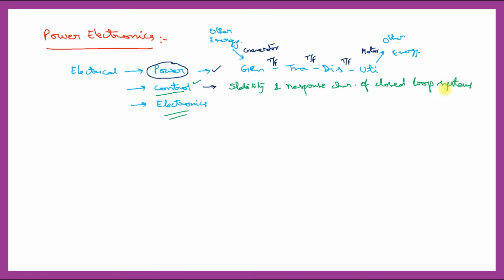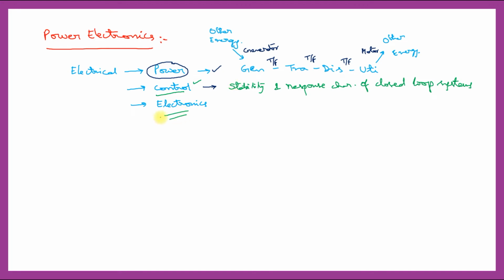Everywhere we should definitely have control. For example, for utilization, if we are using electric fans, we should definitely control the speed of the fan. Maybe we can use power electronics also. Nowadays we are using power electronics to control even a simple fan.